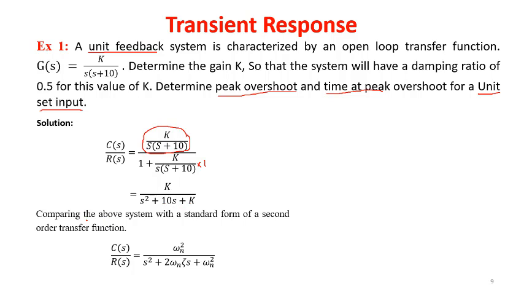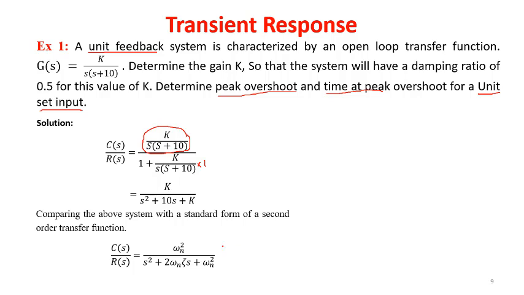Now we are going to compare the above system with the standard form of the second order transfer function. We have already seen the second order transfer function when dealing with steady state error. The second order transfer function is given as C of s by R of s equal to omega n square by s square plus 2 zeta omega n s plus omega n square.